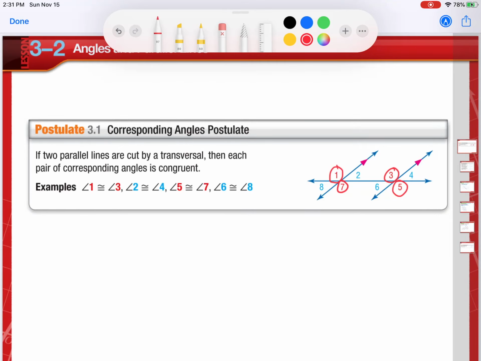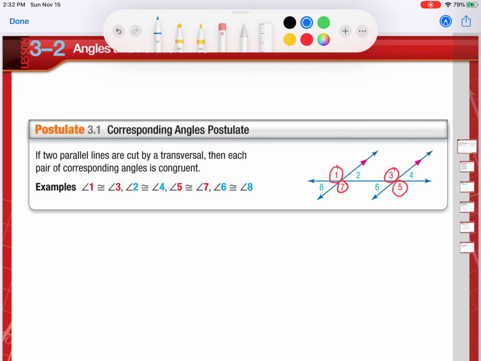And if we had to do a proof, which I wouldn't anticipate, but just in case, we could use those definitions I just ran through. 1 and 3 are corresponding, 1 and 5 are alternate exterior, and then 5 and 7 are corresponding. So therefore, by the transitive property, all of those are congruent together.